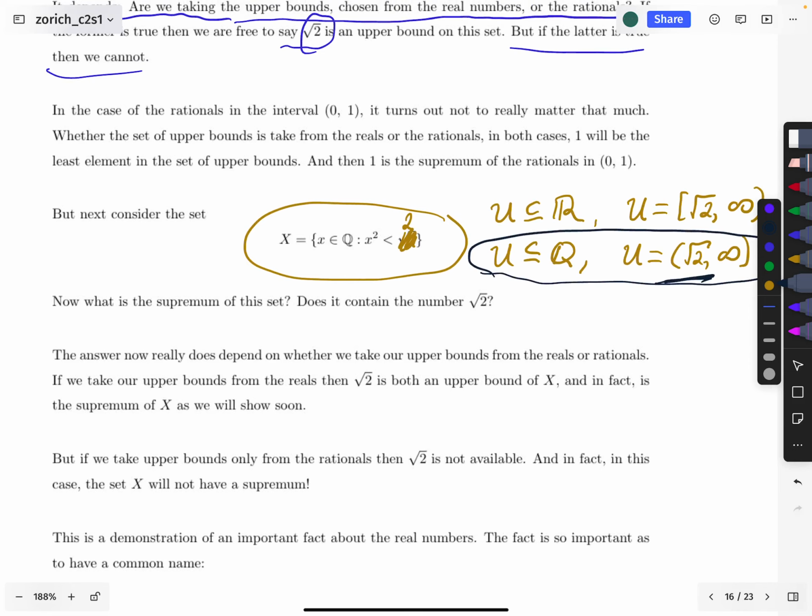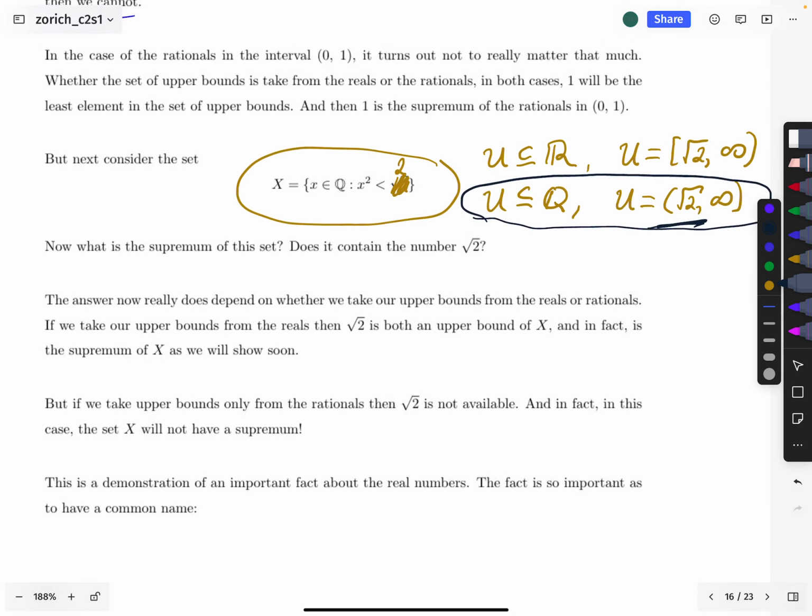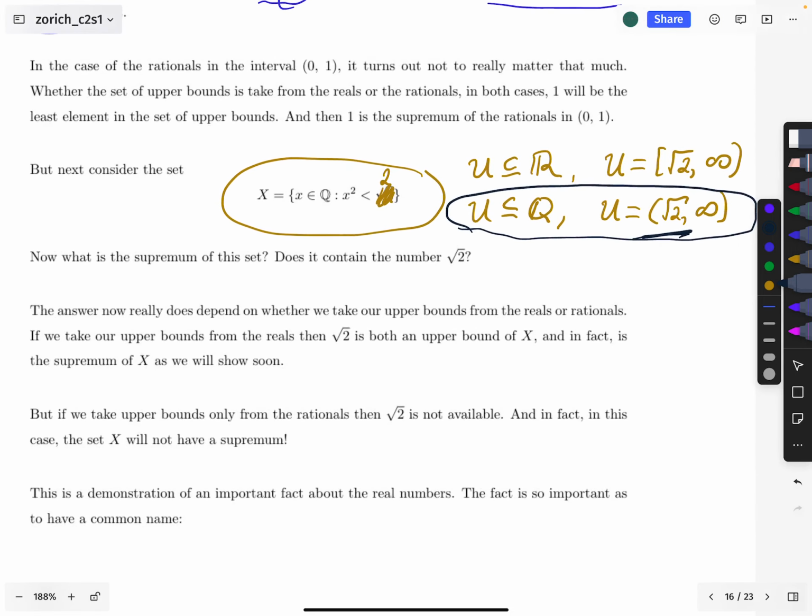It is possible for the set of lower bounds to not have a maximum. And really, it's not just in this example. This is a pervasive difference between the real numbers and the rational numbers, right?